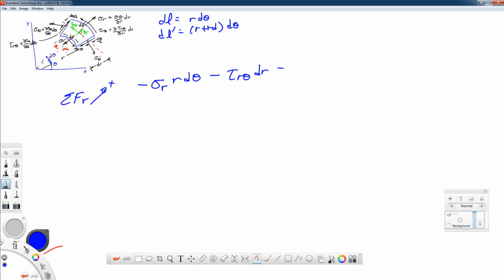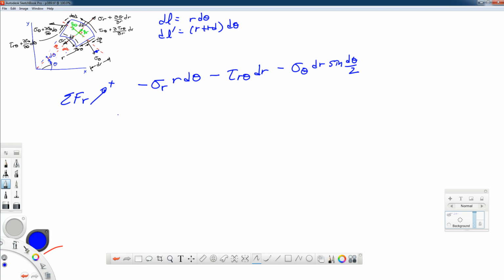Now, for the sigma theta, if you notice, it has a component in the r direction and that component is going to be the sine d theta over 2 component. So it's sigma theta times dr times t, but then it's the sine d theta over 2 component of that force.